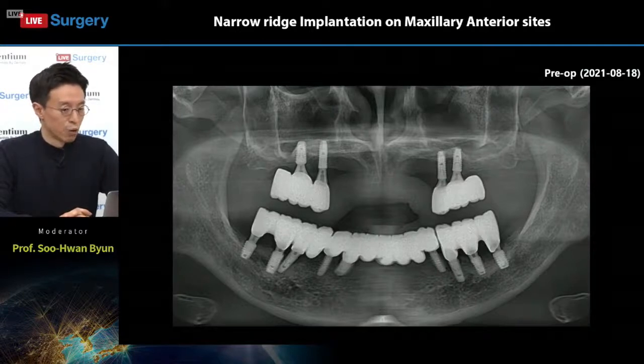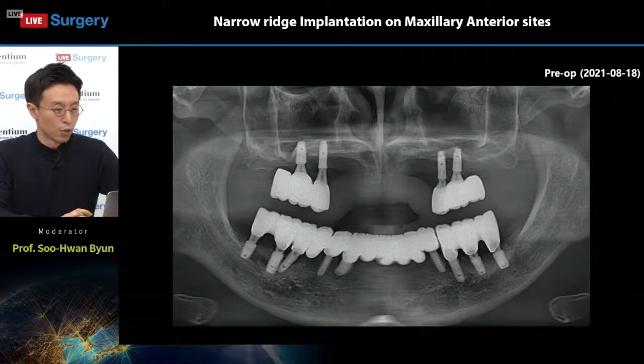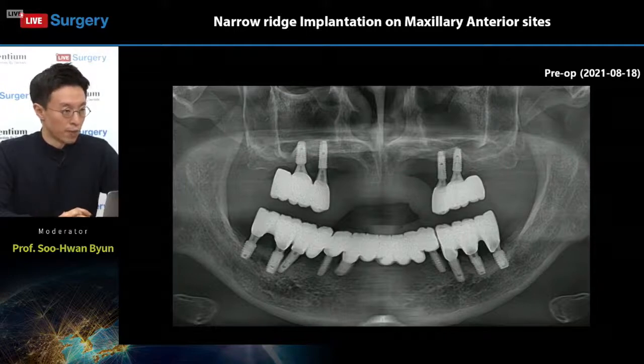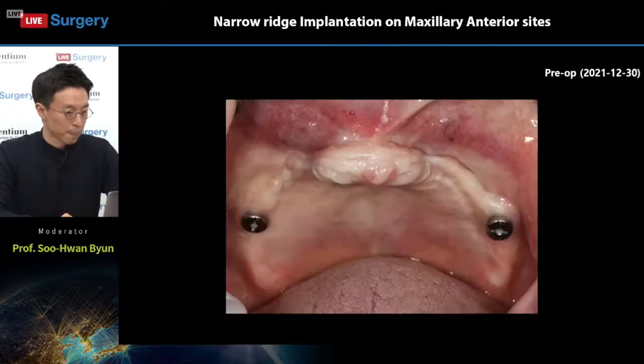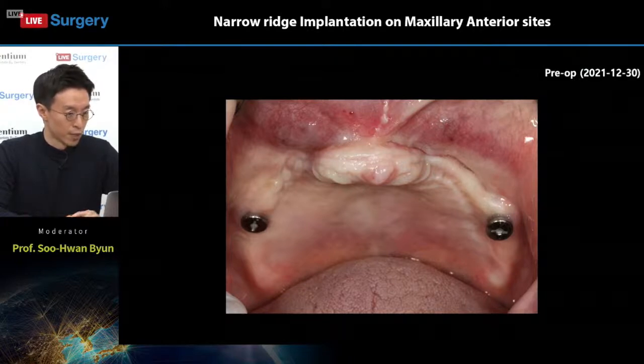However, since there was severe bone resorption, the number 13, 14, 23, 24 implants were removed 7 months ago, and number 15 and 25 implants were extracted 5 months ago. Healing abutments were connected to both first molar implants, and now the patient is wearing a full denture in the upper area.